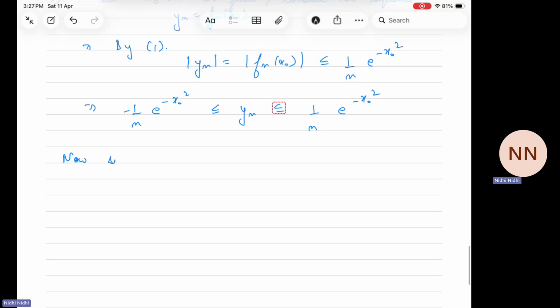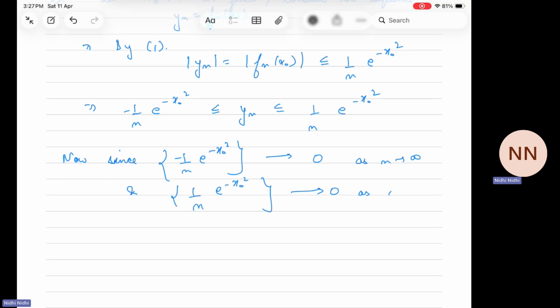Now since this -(1/n) e^(-x_0^2) sequence goes to 0 as n tends to infinity, and the sequence (1/n) e^(-x_0^2) also converges to 0 as n tends to infinity, this implies by the sandwich or the squeeze theorem, both are same.